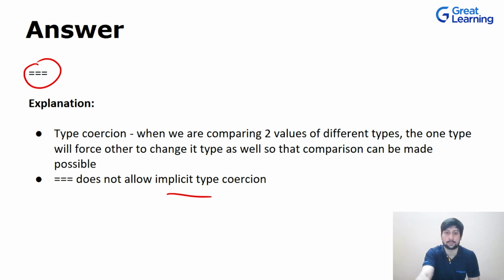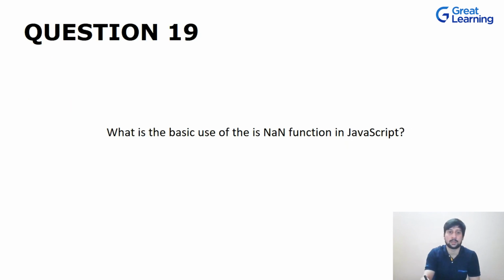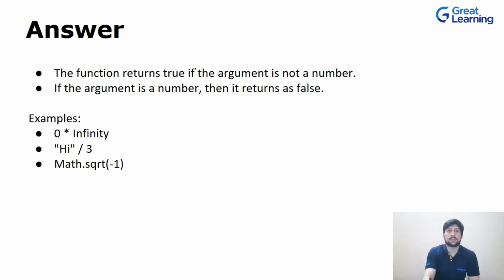Now let's move ahead with the next question. What is the basic use of the NaN function, which is basically not a number? This function returns true if the argument is not a number. Now where do you find these situations? When you multiply 0 with infinity, this will return true. That means this is not a number.